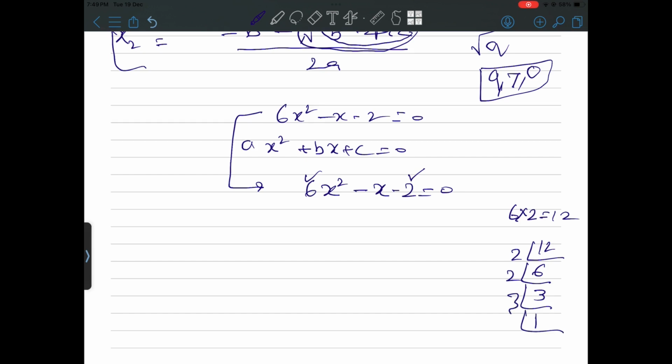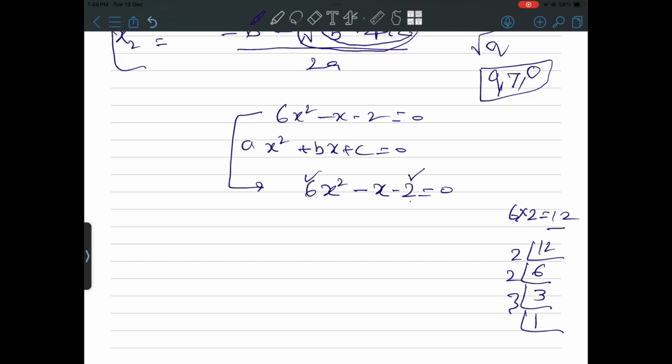So now, the first step was to multiply the coefficient of x square and the constant term, right? And then we got 12. Then we did the factors of 12.